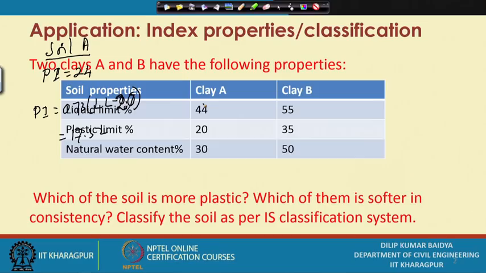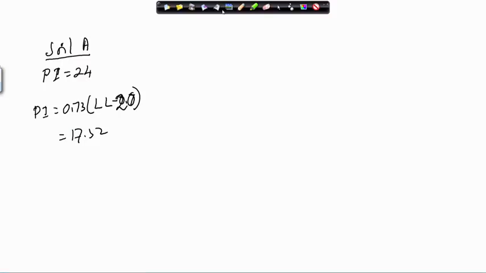Now, the clay soil can have different consistency, whether soft, medium plastic or highly plastic, and for that we look at the liquid limit range. Here the liquid limit is 44, that means it is between 35 and 50, so it is intermediate plastic.